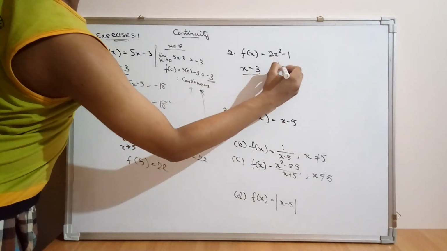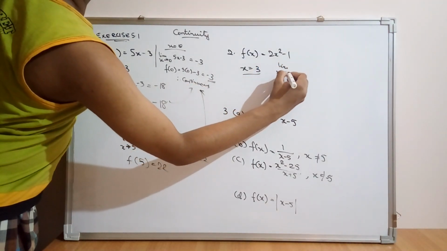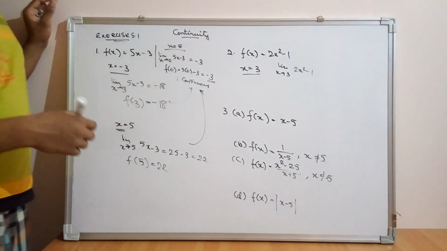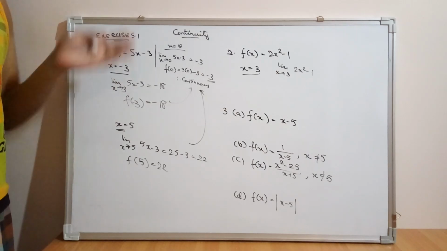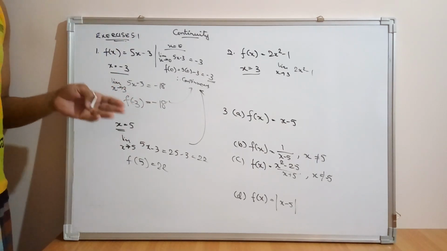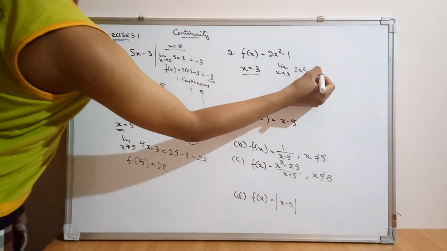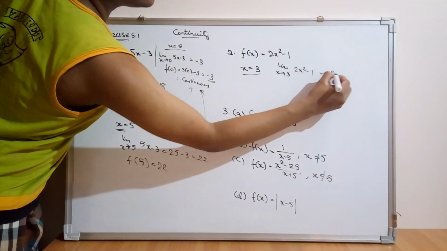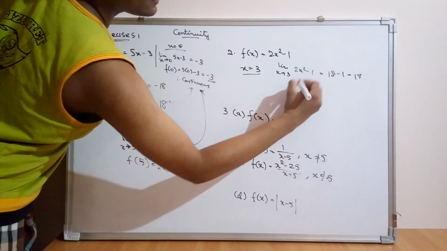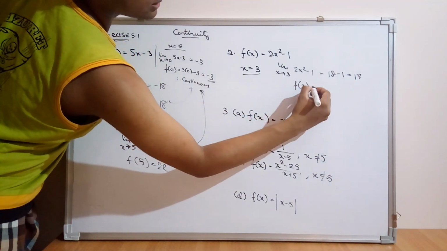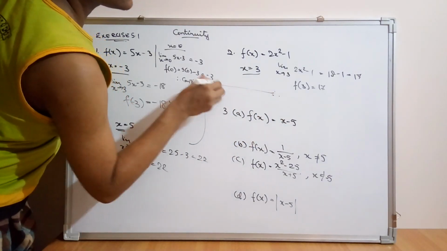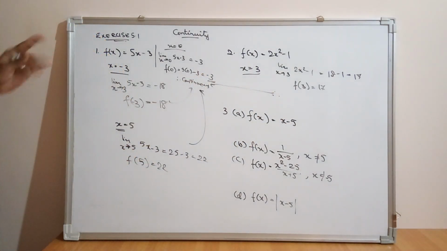So I need to find the limit as x tends to 3 of 2x square minus 1. Because it is a polynomial function, I am not taking the left hand limit and right hand limit, because both are going to be equal. So we have 2 into 9, which is 18 minus 1, or 17. Similarly, f of 3 is also 17. Therefore, continuous. That's all about the second question.